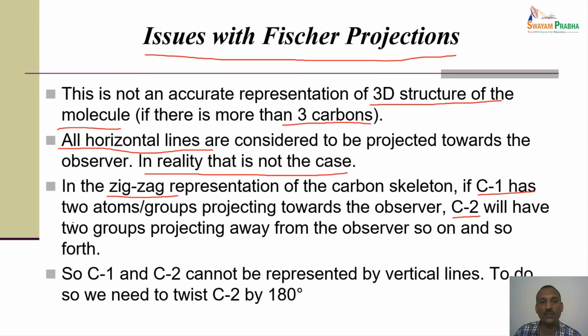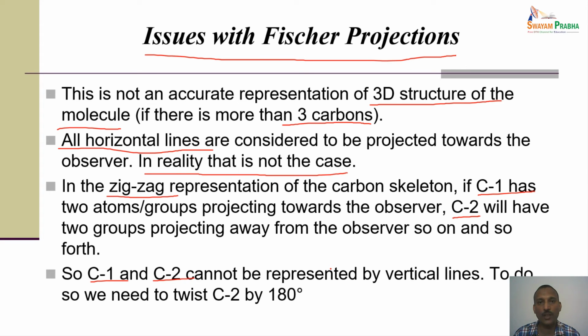In the zigzag representation, two groups point towards the observer, and at the next carbon the two groups point away from the observer. At the adjacent carbon after that, it again comes back towards the observer, and it goes on like that. We will see the three-dimensional representation and understand what this means. In other words, we cannot write C1 and C2 by vertical lines. So this is the problem.